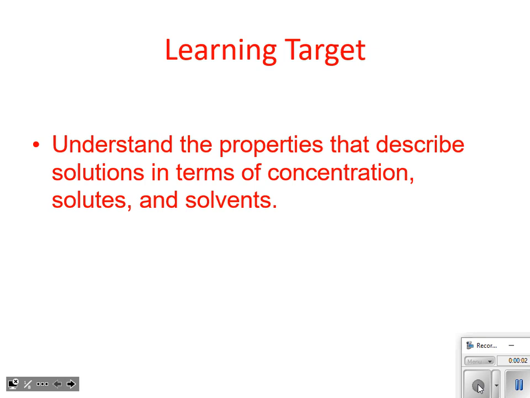Okay, coming up on the board, I am looking at a learning target for the video that we watched last week, or maybe today or over the weekend. However, the learning target is to understand the properties that describe solutions in terms of concentrations, solute, and solvent.